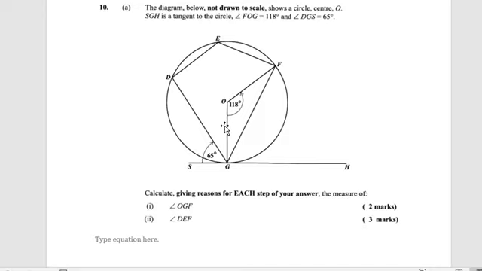So it is OGF. What we know is that this triangle OGF is an isosceles triangle. So therefore two sides are of equal length and will therefore have two equal angles.